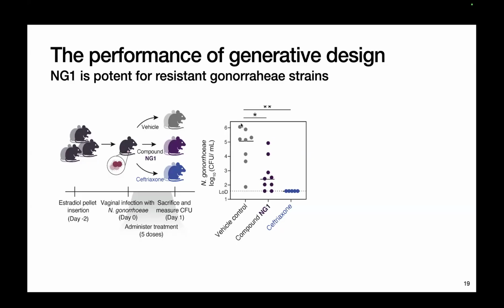So you can see from this figure on the right, the y-axis is the infection level, so the lower the better. You can see the vehicle control, and this middle column is our compound NG1, and of course the clinical antibiotic still works very well. But you can see our compound is fairly active in vivo as well, right? It can reduce the infection about 100-fold, right?